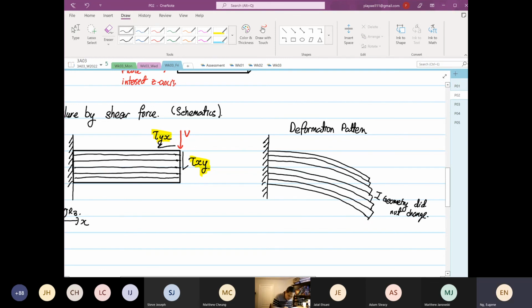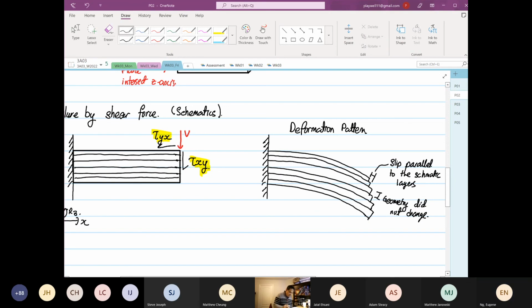However, you can see that there is a slip. I'll call this a slip, parallel to the schematic layers.